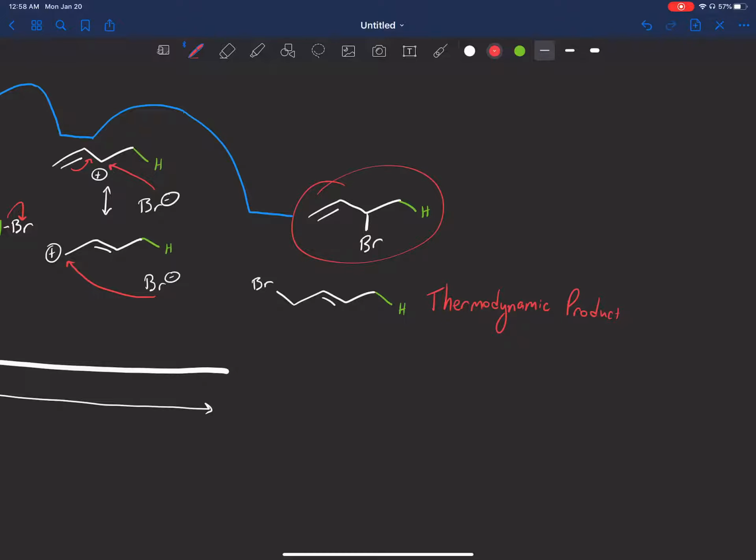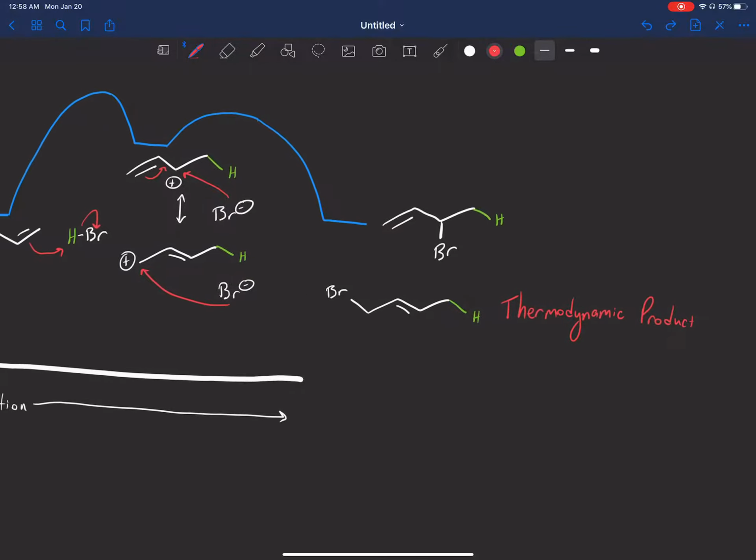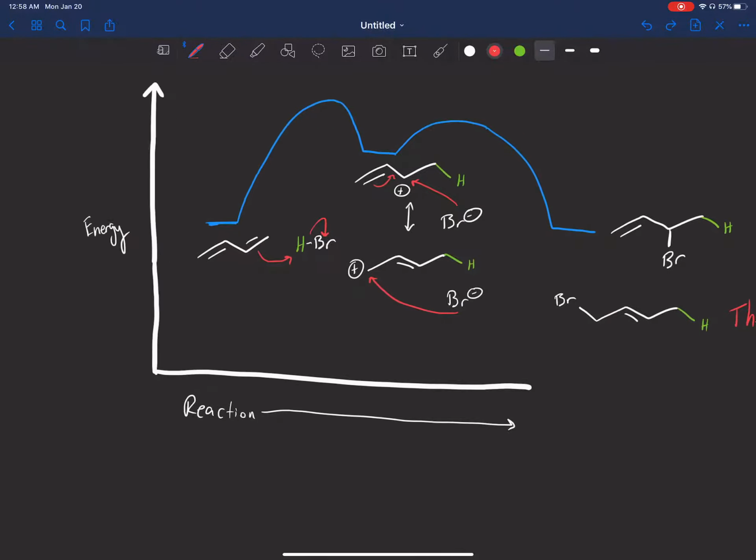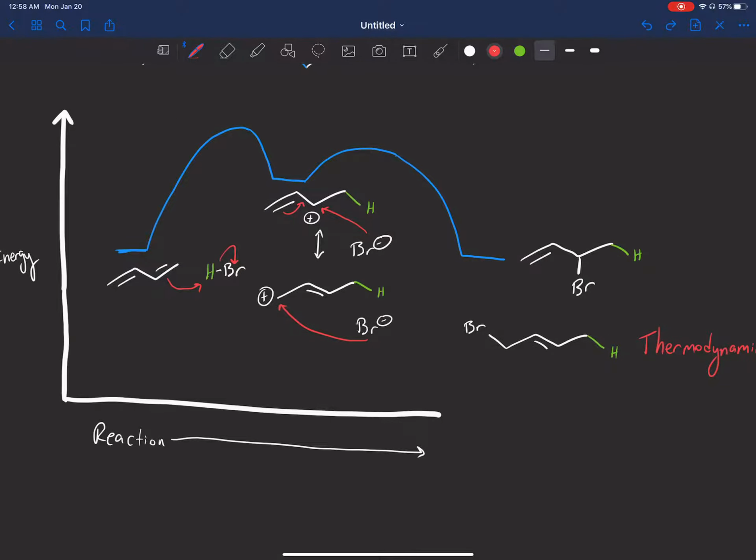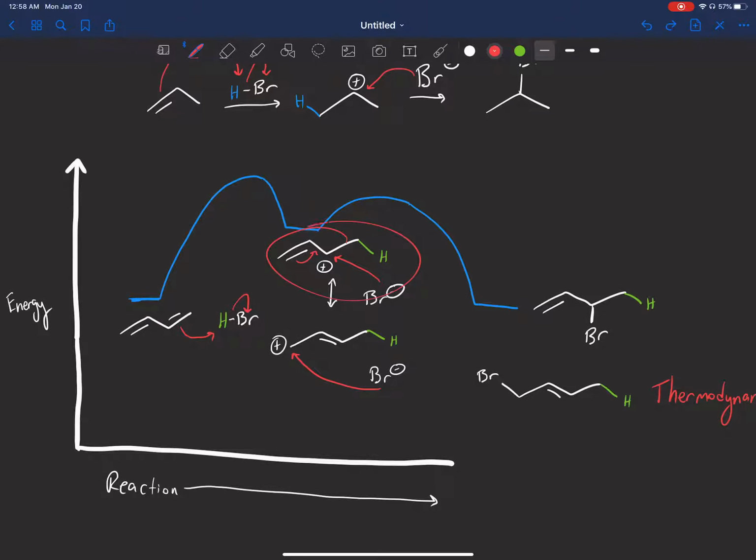This guy up here has the less stable double bond. All right, so he's the less stable double bond, but if we look at our intermediates, think of it this way. This intermediate forms, then to form the other resonance structure, we have to resonate. But this one forms faster because I don't have to resonate to get to it. I just take the H and the carbocation, boom, right there.